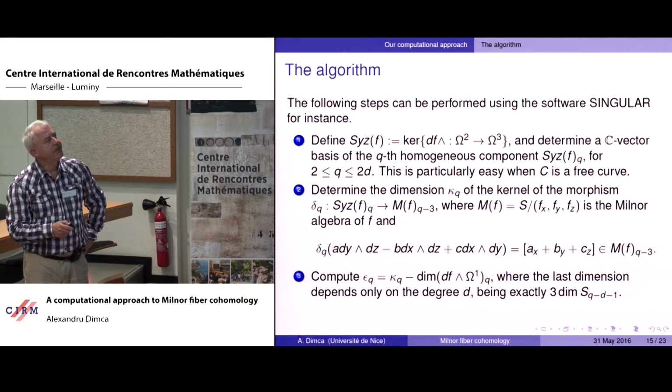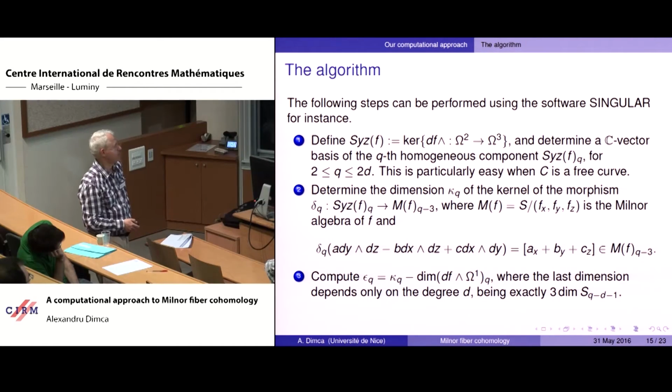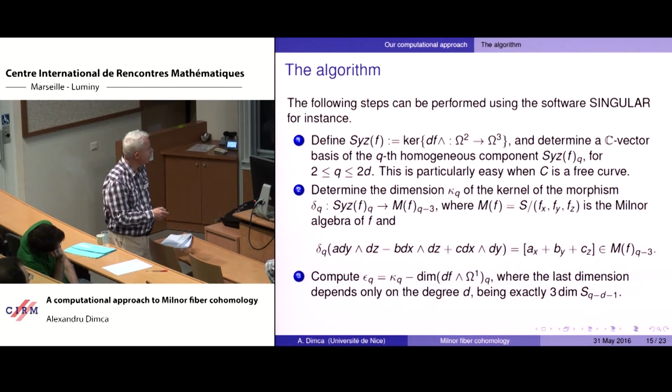And then kappa q is the dimension of the kernel of this, and this has to be corrected by the dimension of this space, because all these are in the kernel of this morphism delta q. They are in the kernel if I look not on the CGGs, but if I divide here with the Koszul type CGGs, and Koszul type CGGs are exactly what comes here.